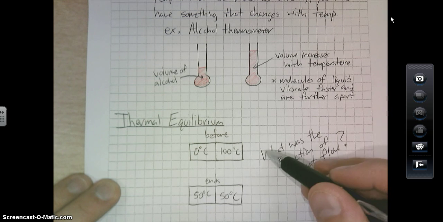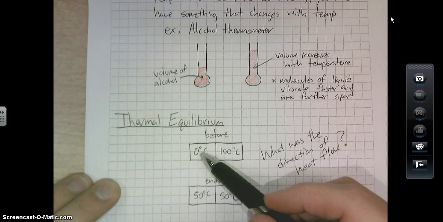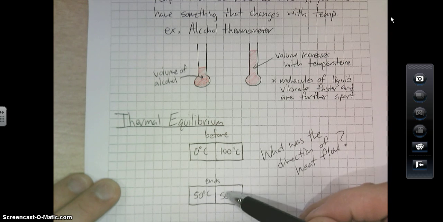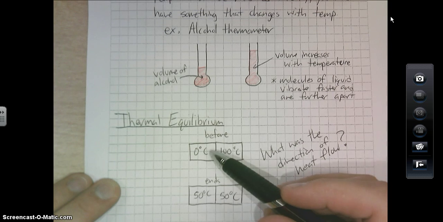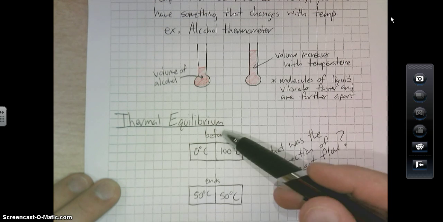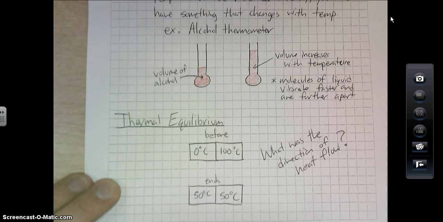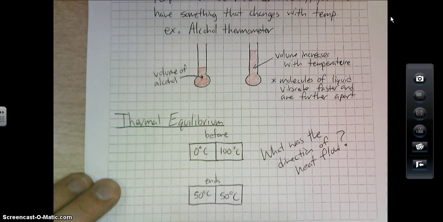So the key part is: which way did the heat flow? Well, this one got hotter and this one got cooler, so the heat flowed this way, always from hot to cold. Now we're going to go over a bunch of problems with this after we've learned about specific heat and latent heat, but that's an important concept coming up.